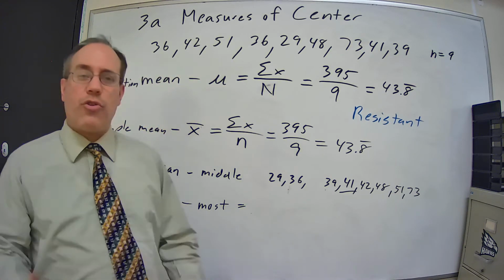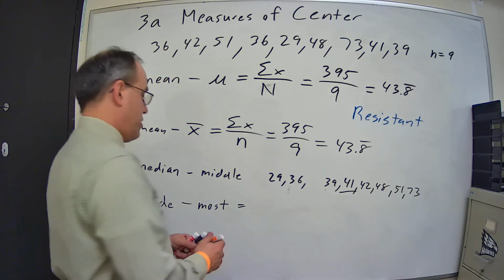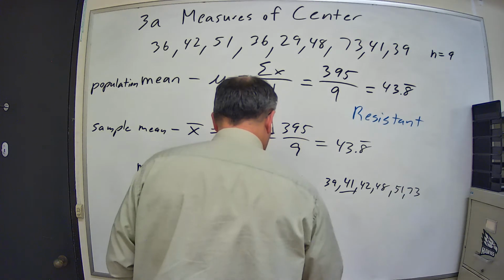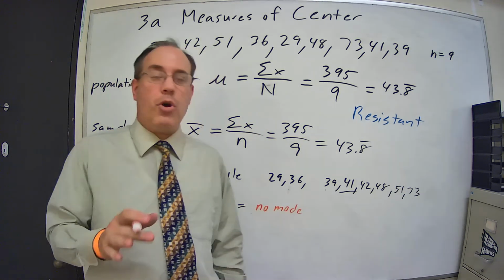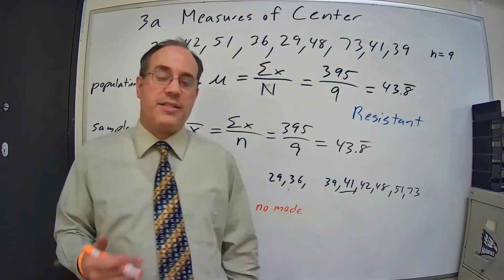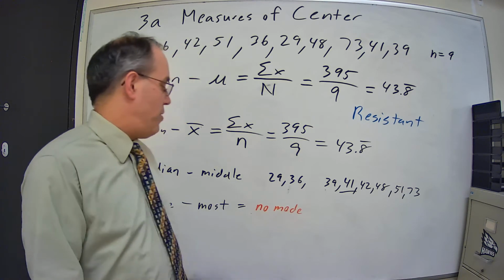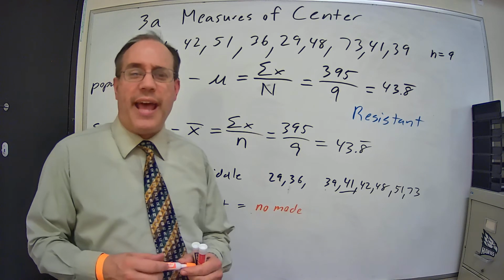Now everything occurs the same amount of times, and we would say there is no mode. Do not say that the mode is 0, because that would actually tell us that the mode was 0. So no mode, or sometimes people just say NA for not applicable.